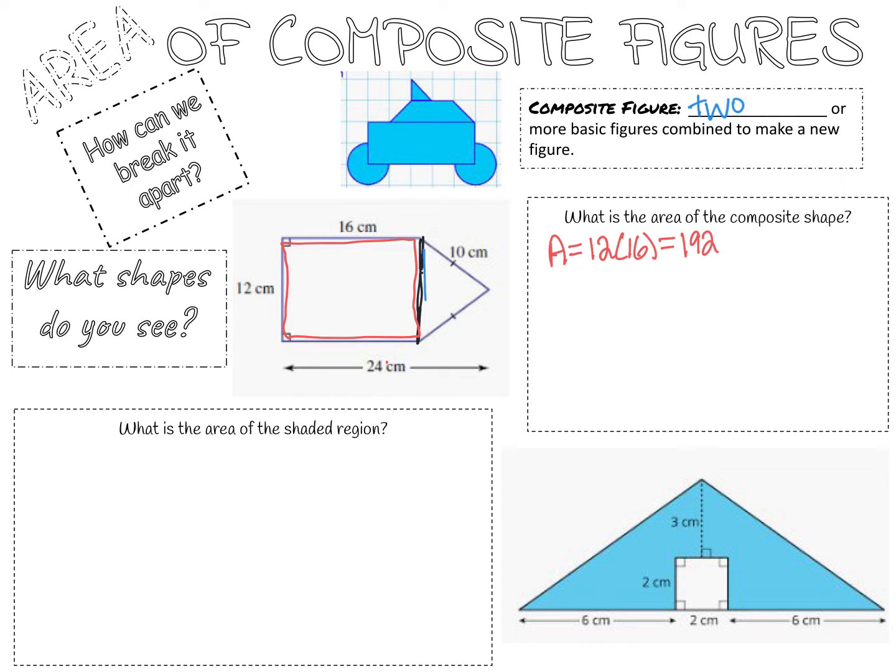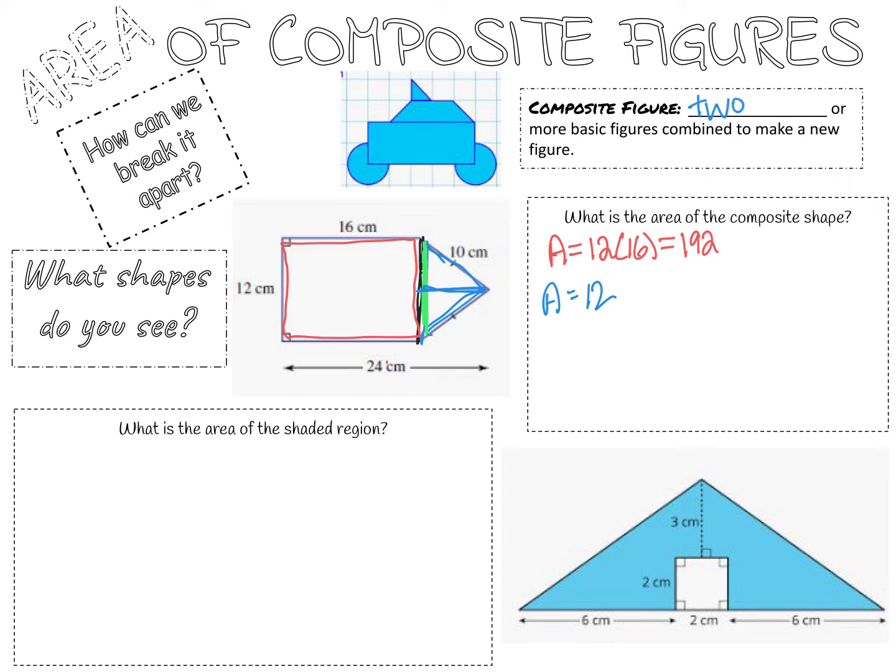I'm going to use blue to just kind of show that. The base of my triangle is going to be this part right here. That's going to be the same as that side of my rectangle, so that's going to be 12. The height of my triangle, though, is going to be this part right here, which we don't have a measurement for.